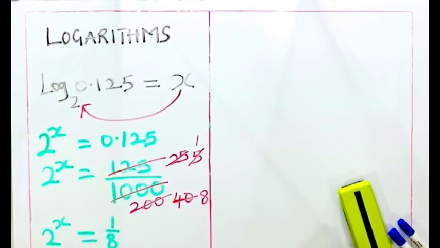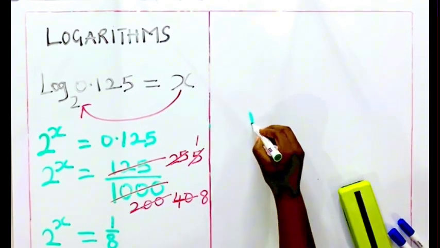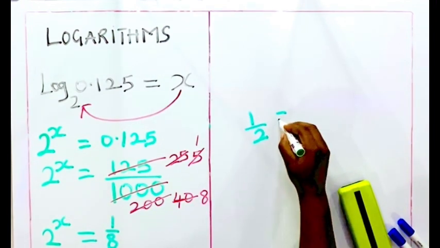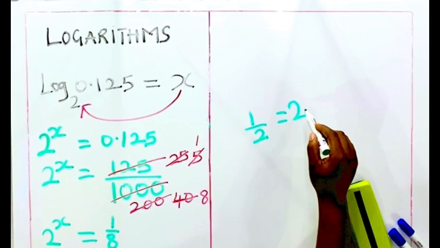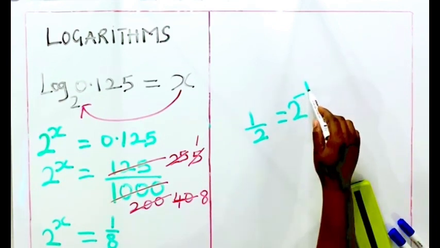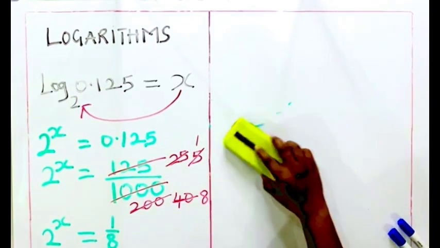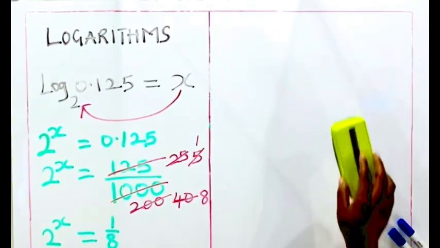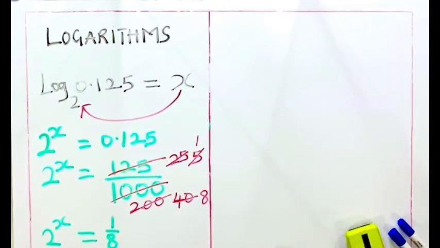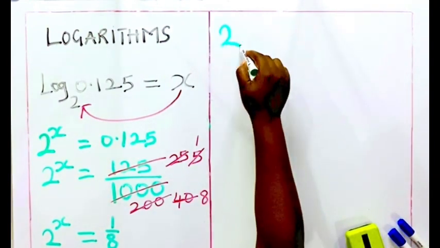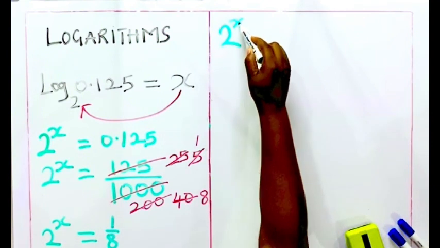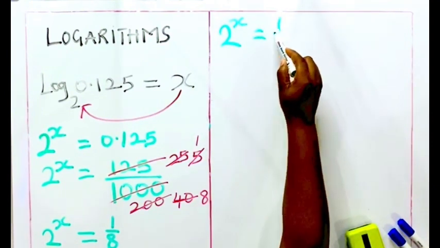When you have a number like this, if you have something like 1 over 2, 1 over 2 can also be written as 2 raised to the power of minus 1. In this case, we have 1 over 8. 2 to the power x equals 1 over 8.